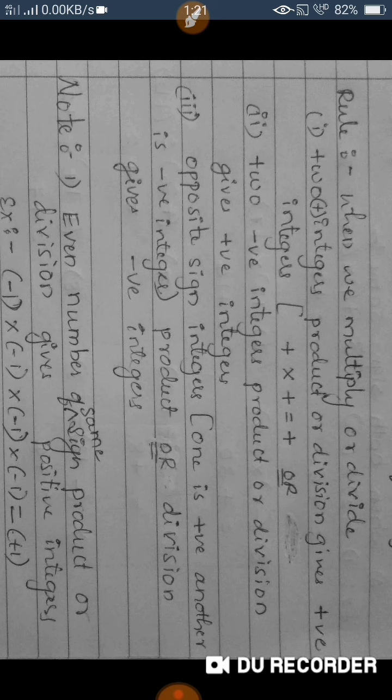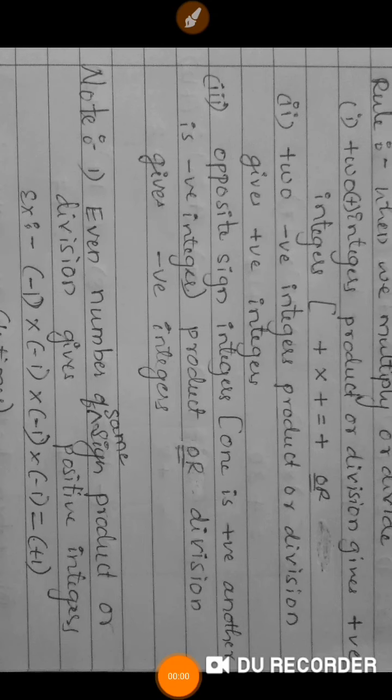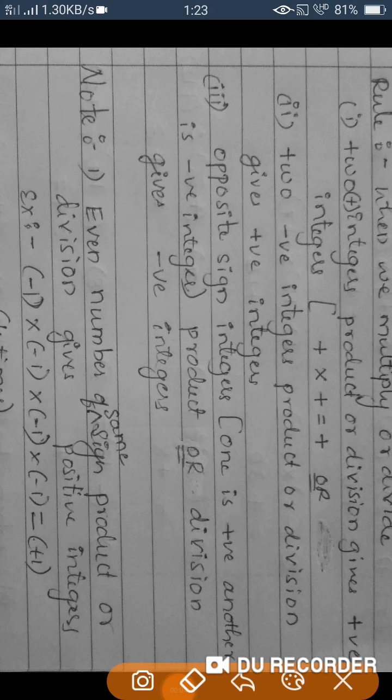When two integers have the same sign, the result is always positive, whether product or division. When one is positive and one is negative, it always gives the negative sign. So opposite sign integers, one positive and another negative, the product or division gives a negative integer.